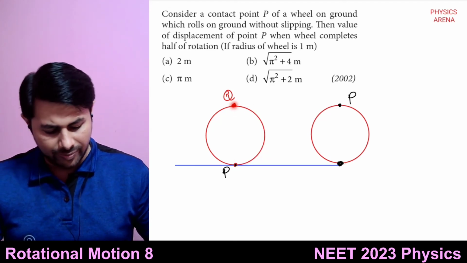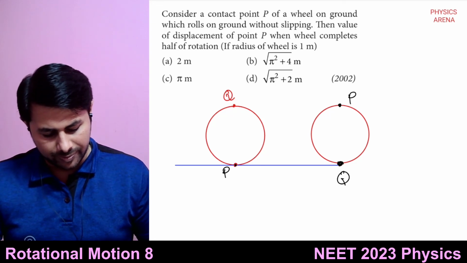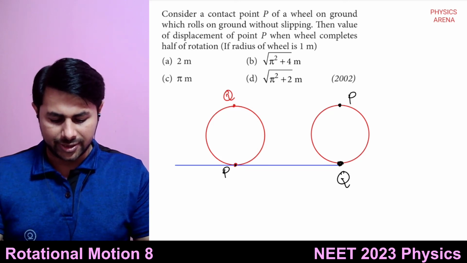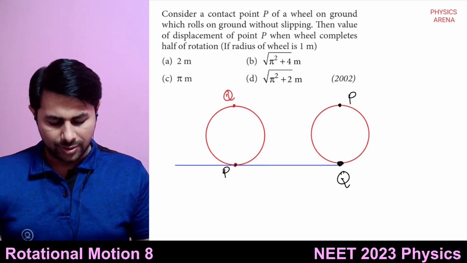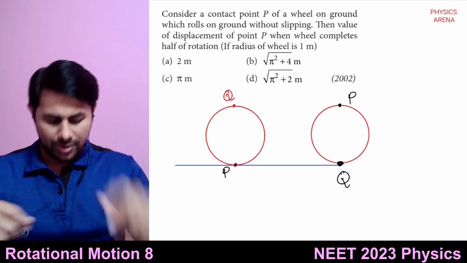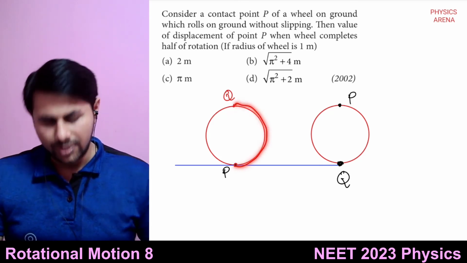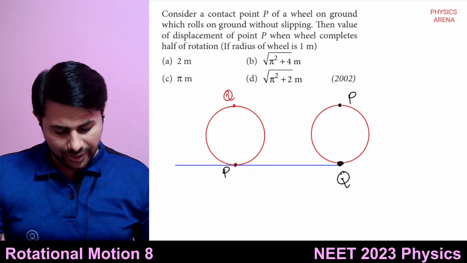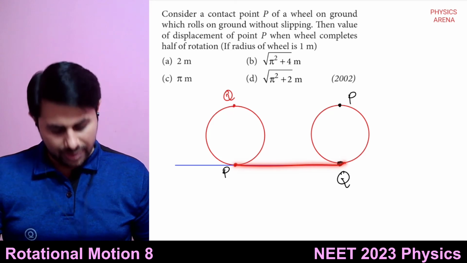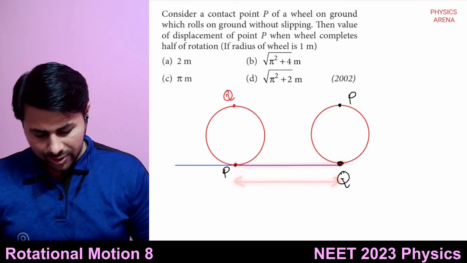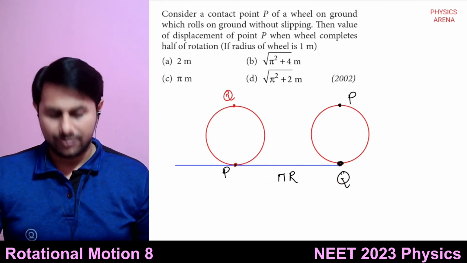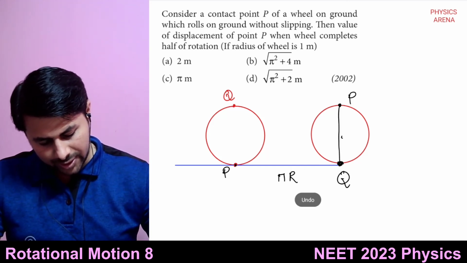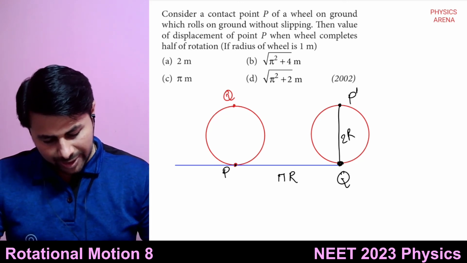Because this point will come to the bottom now, Q will come to the bottom. So if you take this circumference and unwind it, make it straight, and keep it over here, then you will get this length. So this is equal to pi r, and this distance is 2r.